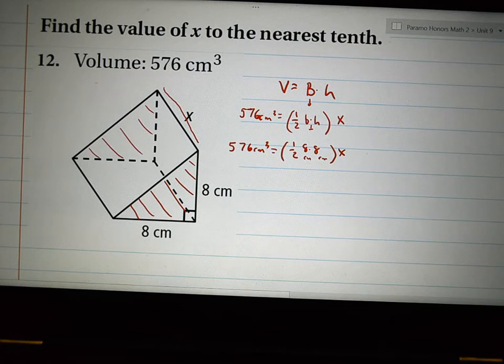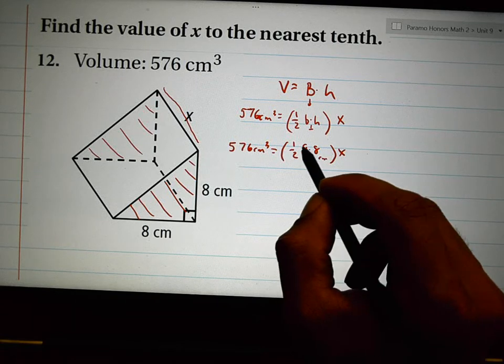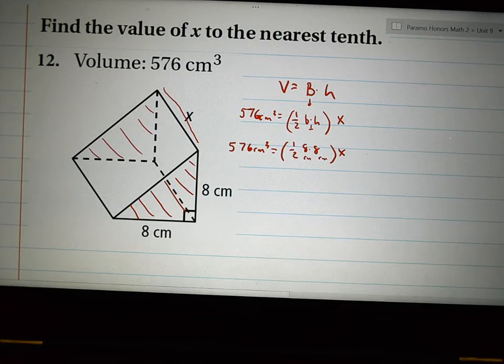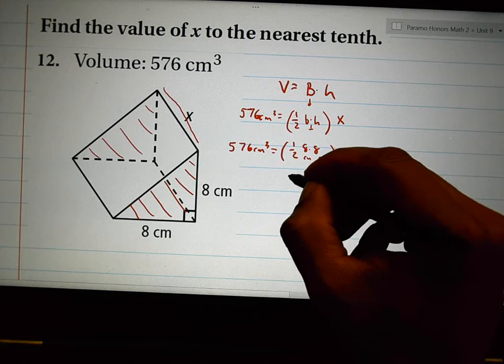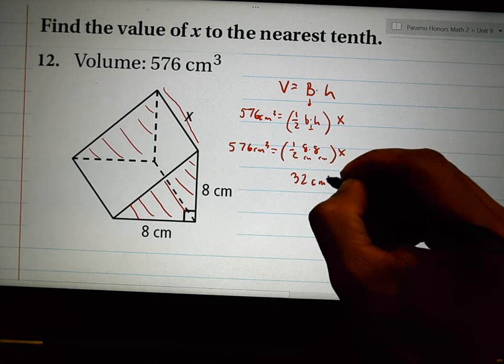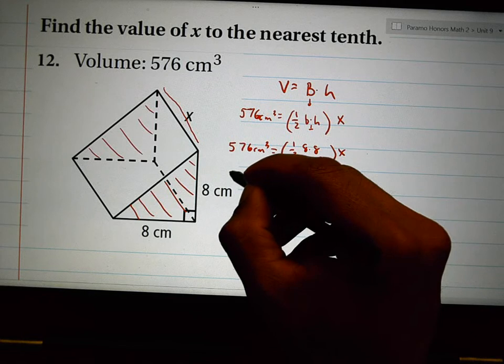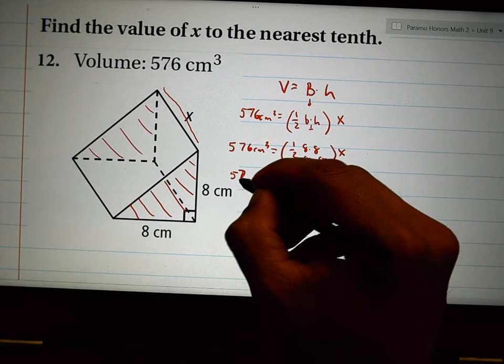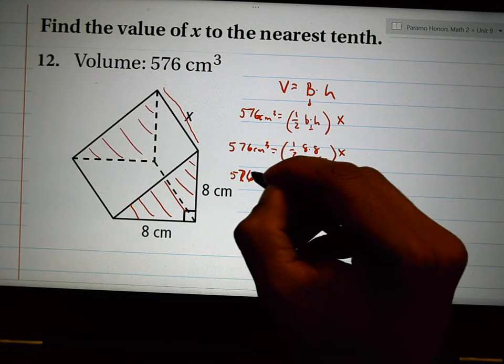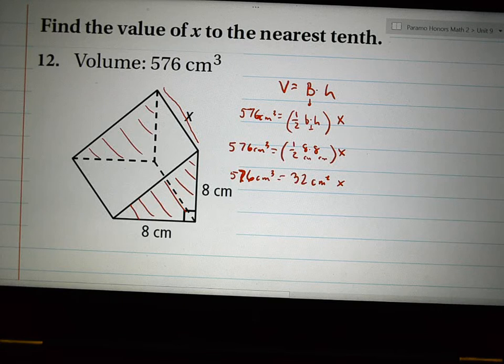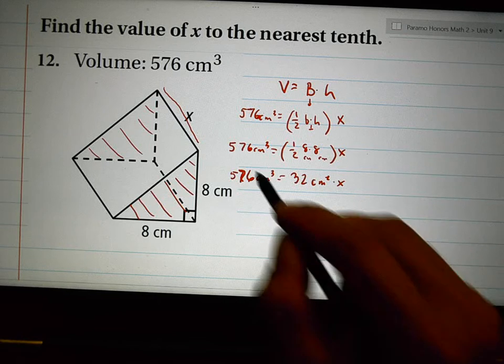So at this point, I can simplify the question. I can do half of 8 times 8. 8 times 8 is 64. Half of that is 32 centimeters squared. I'm going to do this with units just because I can. A lot of people ignore these units, and what's really neat about it is you can actually leave it in here and you'll figure out what x is in terms of the correct units. 32 centimeters squared times x equals 576 centimeters cubed.